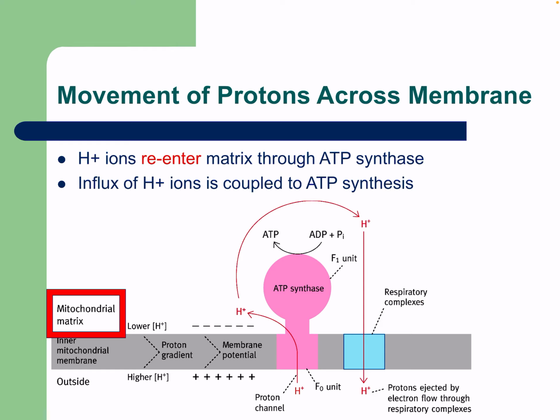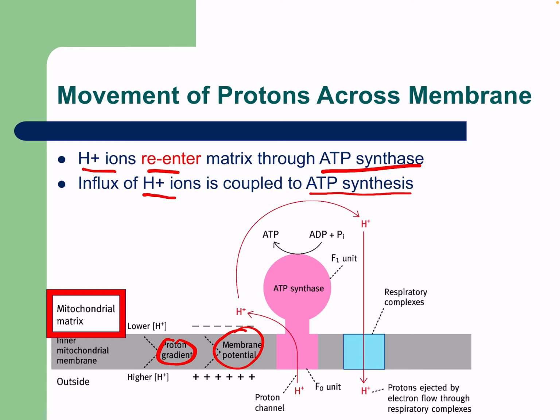So the movement of protons across the membrane: as we mentioned, hydrogen ions re-enter the matrix through ATP synthase. The influx of hydrogen ions is coupled to ATP synthesis. Again, we keep building that proton gradient. We have a membrane potential.